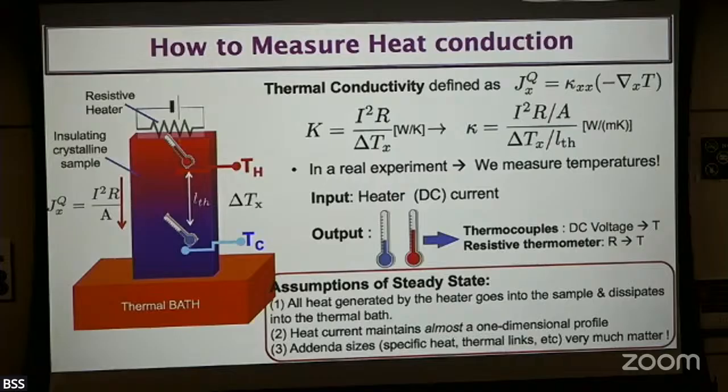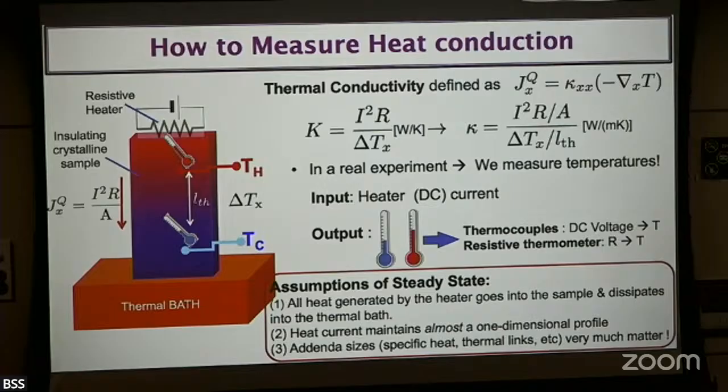Also, the heater is a hot object, and it has radiation. The radiation is proportional to T to the fourth. It's a very big number. So when you measure above 200 Kelvin, you have to seriously take into account the heater radiation and what kind of environment you have.